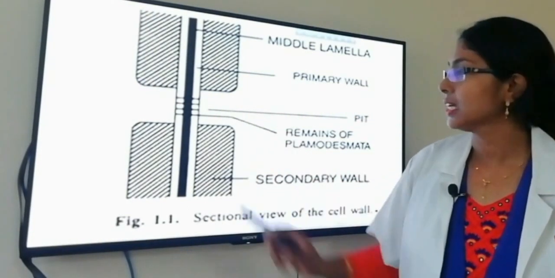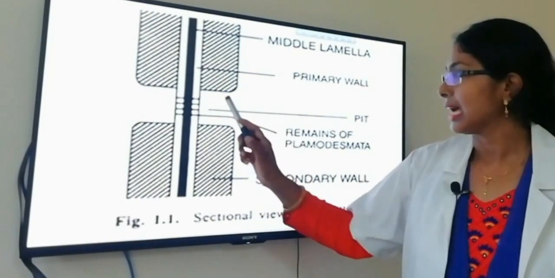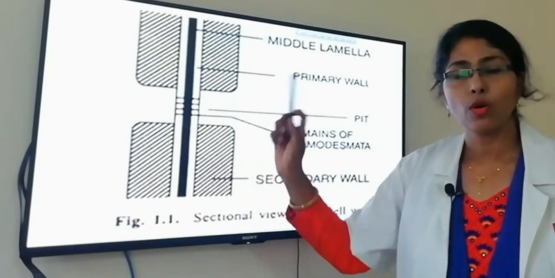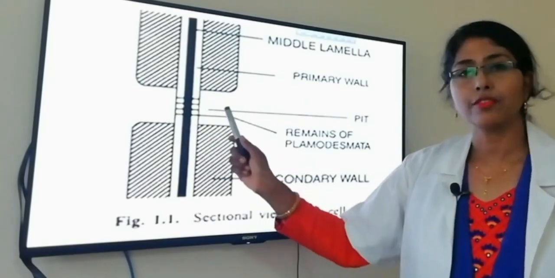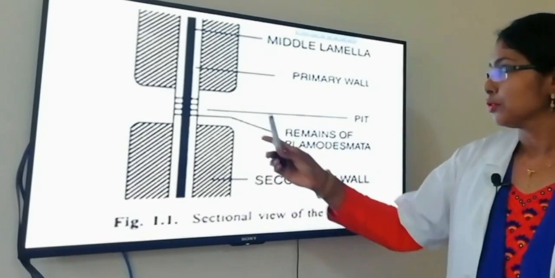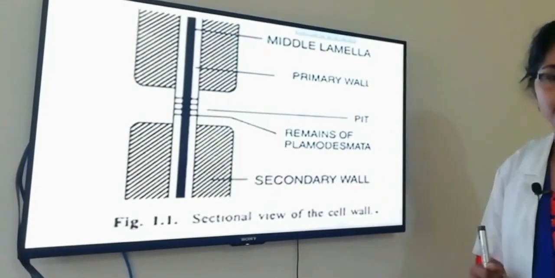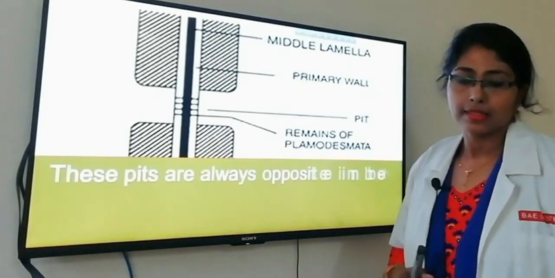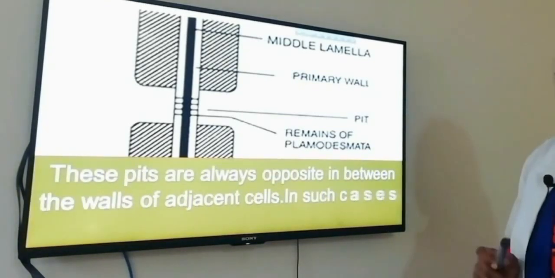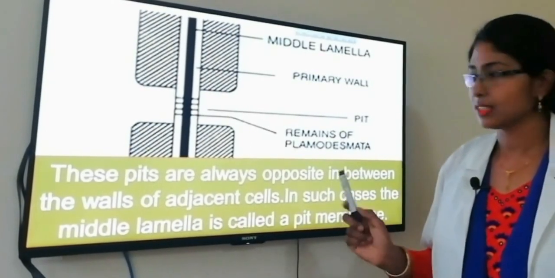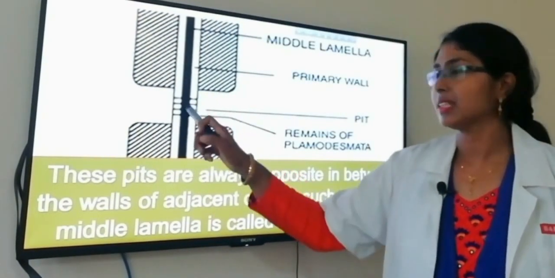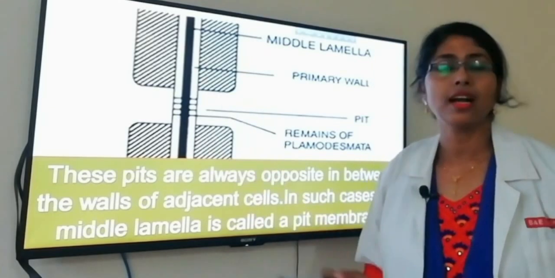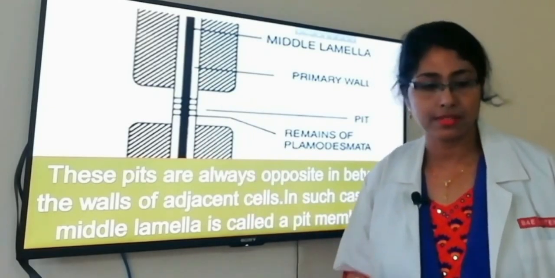This is the pit, and another pit of another cell is directly opposite of one pit. These 2 pits are called pit pair. These pits are always opposite in between the walls of adjacent cells. In such cases, the middle lamella is called pit membrane, and these two pits are called pit pairs.